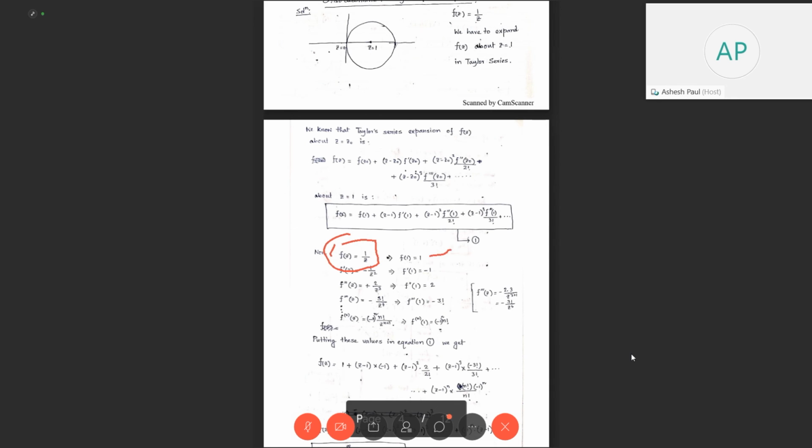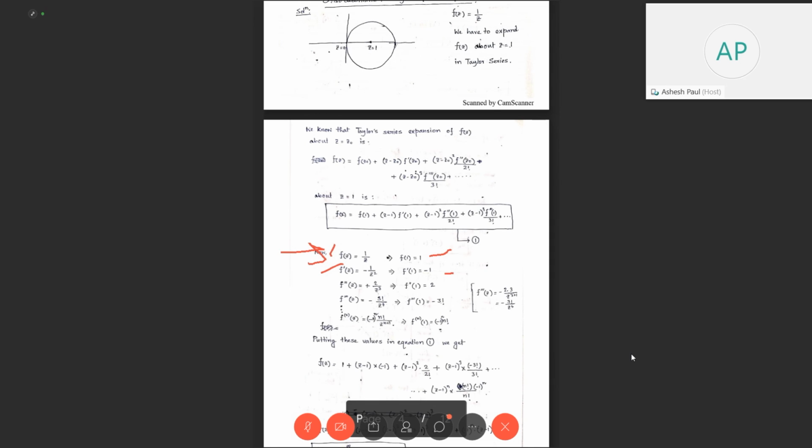Now if f(z) equal to 1 by z, what is f dash (z)? That is the first derivative of f(z). The first derivative is minus 1 by z square.